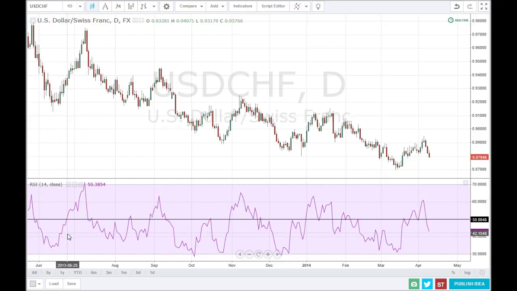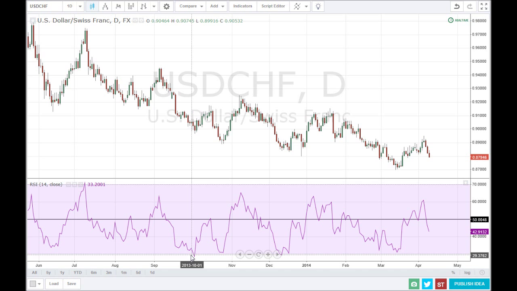So just like the stochastic, we have a gauge. With the stochastic, that gauge went from 0 to 100. If the stochastic lines went above the 80 mark, that generally meant that markets were overbought, and when our stochastic lines went below the 20 mark on the gauge, that generally meant that price was oversold.